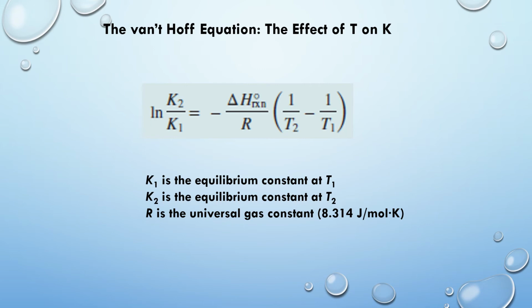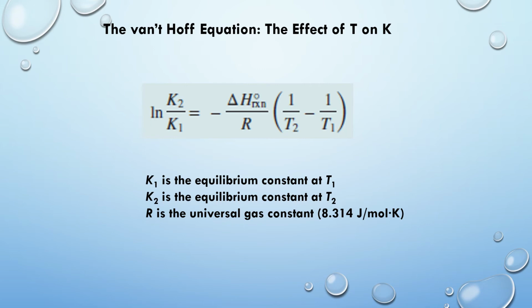The format of this equation is very familiar. Earlier, when we looked at the partial pressure, we had the two-point version of the Clausius-Clapeyron equation. When we looked at the chemical reaction rate, we had the two-point version of the Arrhenius equation. So this van't Hoff equation is very similar to those previous two equations we learned before.